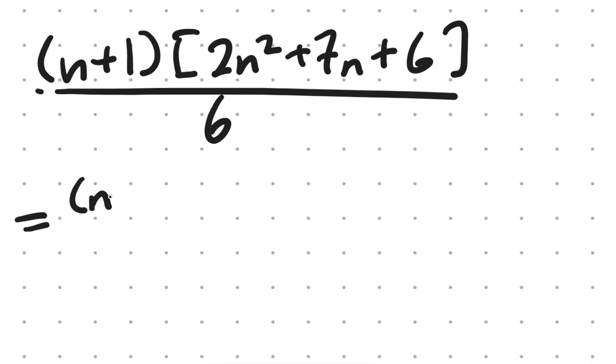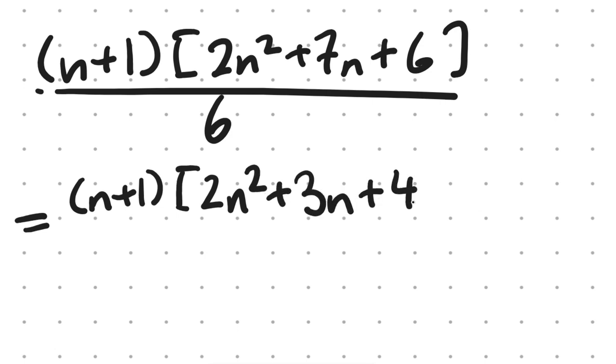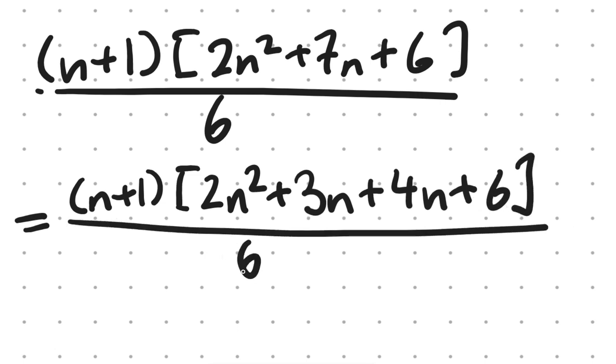So this would actually be equal to (n plus 1). And I'm doing this on purpose since 7n can be written as 3n plus 4n, plus 6. The reason why I'm doing this is since we have a 2 and a 3, and 4 is 2 times 2, and 6 is 2 times 3.